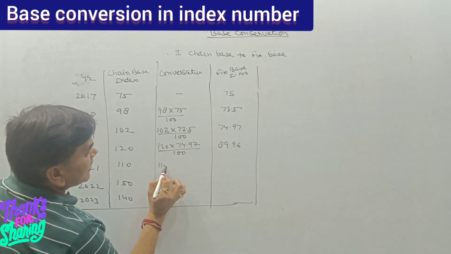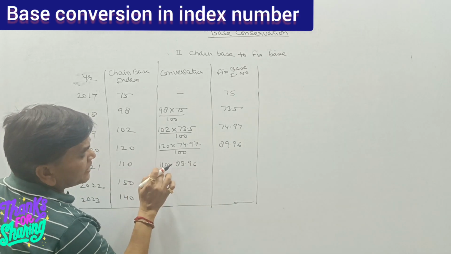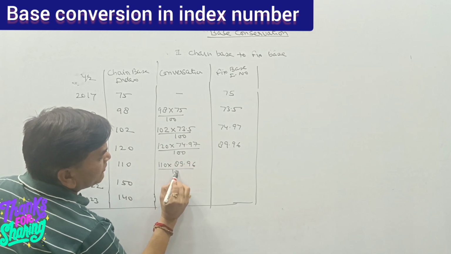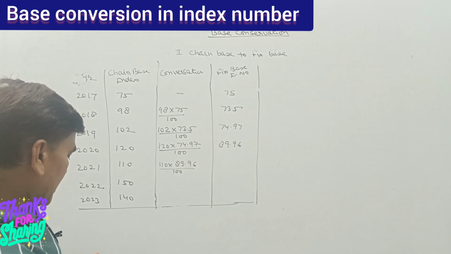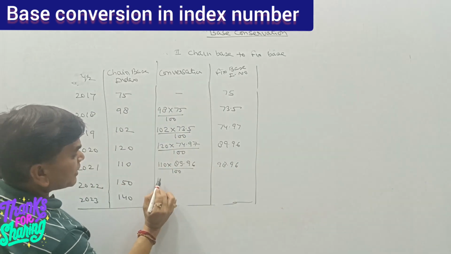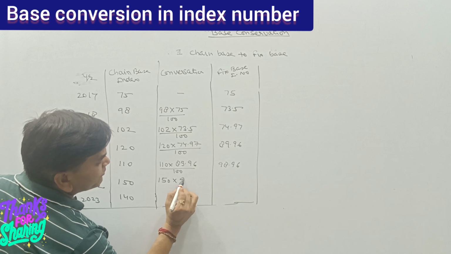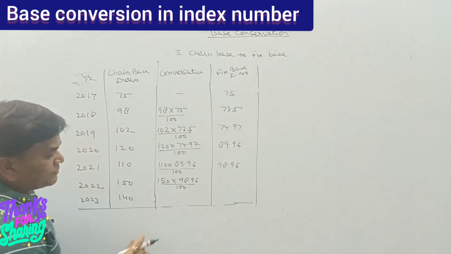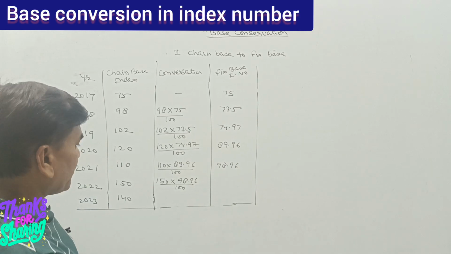Next, 110 multiplied by 89.96, that is the current year chain base index number times the previous year fixed base index number divided by 100, is 98.96. Again 150, the current year chain base index number multiplied by the previous year fixed base index number divided by 100, is 148.44.